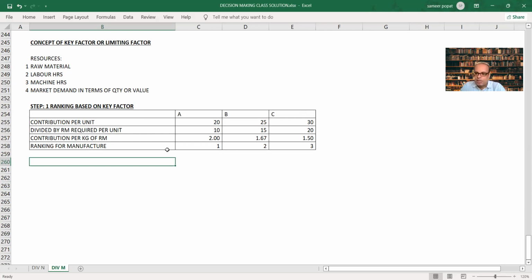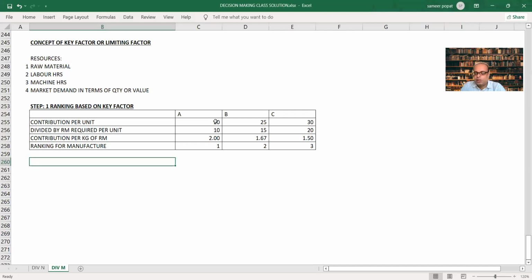So the product which will generate the highest contribution using a lower quantity of raw material, using less material and earning more contribution, would be given rank 1. This contribution per unit is irrelevant unless we compare it with the required quantity of raw material.